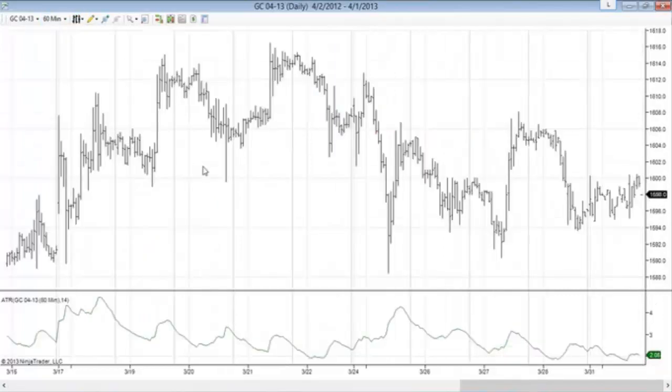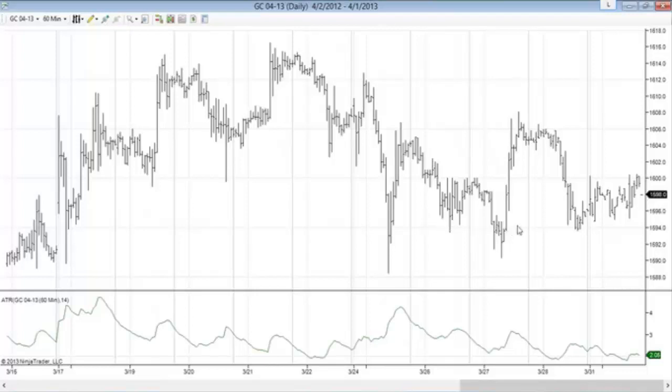On the hourly time frame, you're going to have your bars that help determine the trend. But it's all going to be within the context of the average true range.